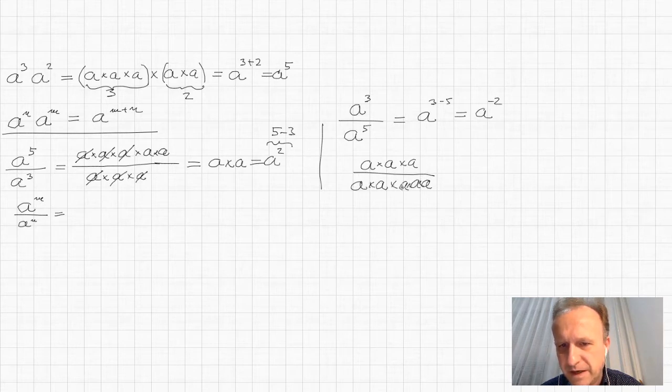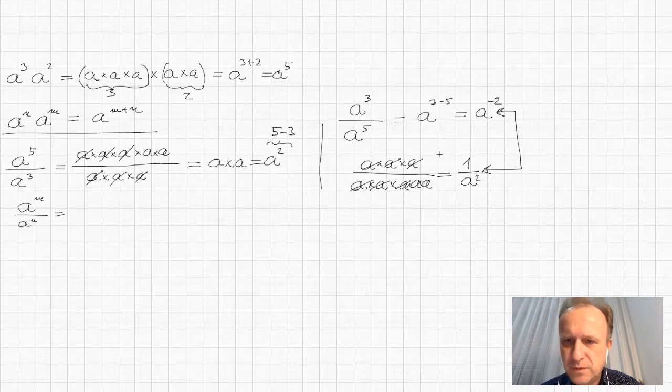Okay, there are 5 factors of a, and then we can cancel these, and what remains is 1 over a to the power of 2, like you see here. So it has to be the same thing as the one here. If this law is to be true, these two expressions have to be the same.